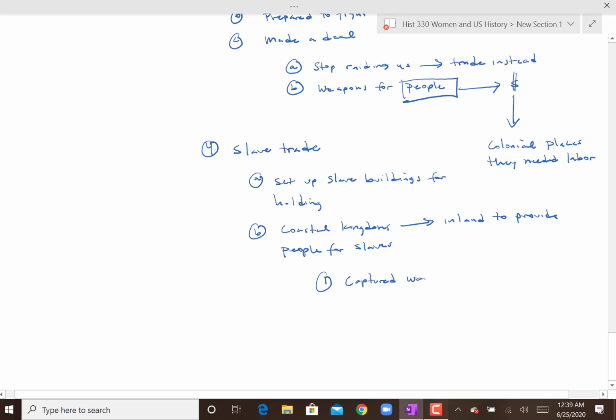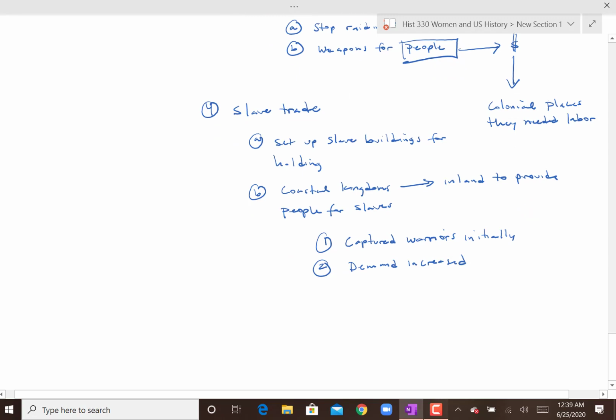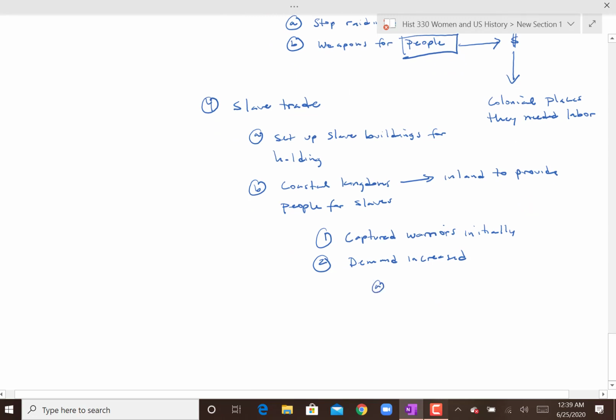So when the demand was low, it didn't disrupt the normal system that was already playing out at the start in Africa. But as time went on, the demand increased. And this meant that they had to start going in and attacking and raiding villages and towns to get enough people.